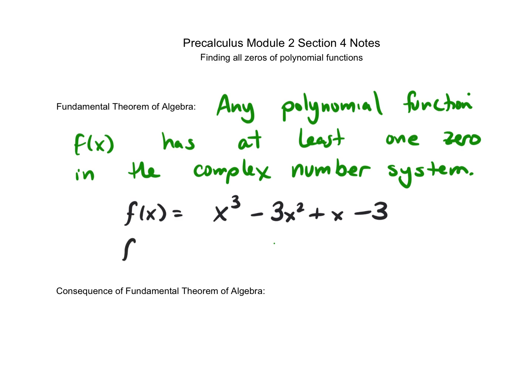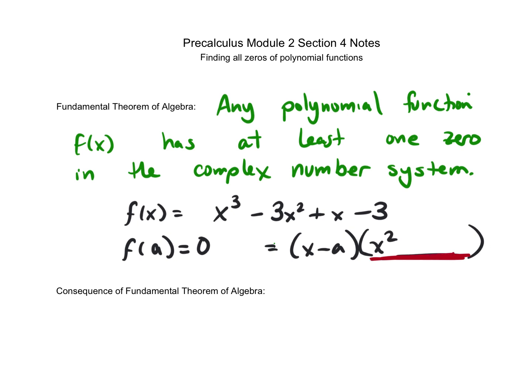Well, why this is still important is this does say there's 1 zero, and let's say it's a. So if this number gives me a zero, I plug in and I get 0, then I know that x minus a is a factor of this, and then whatever I'll have left over is now a square with some other stuff. But the good news is now this is a new polynomial function, and it will also have a zero, so you can keep finding zeros of all these polynomial functions.